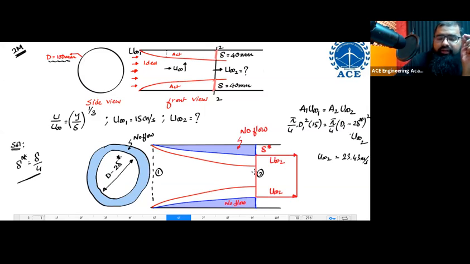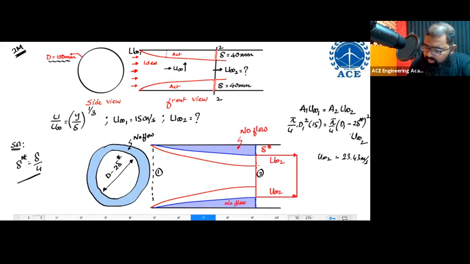Whenever a fluid is entering into a particular pipe, its centerline velocity keeps on increasing initially. See, U2 in reality is not uniform. If you want to understand how U2 actually is, let me create a duplicate slide. Those who are having a doubt, please look over here.